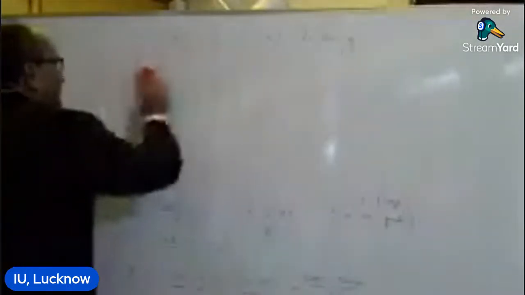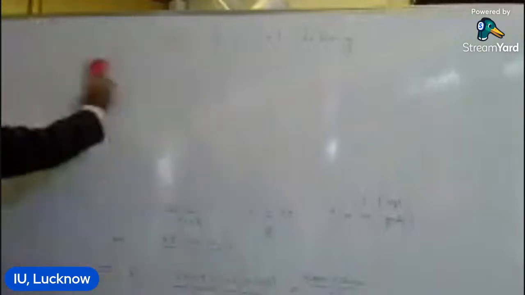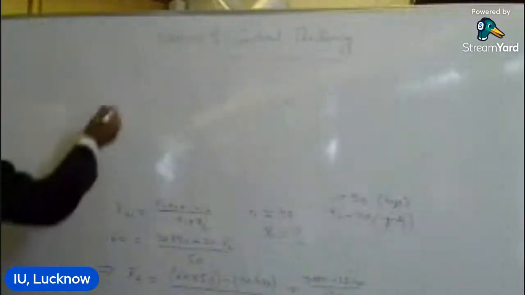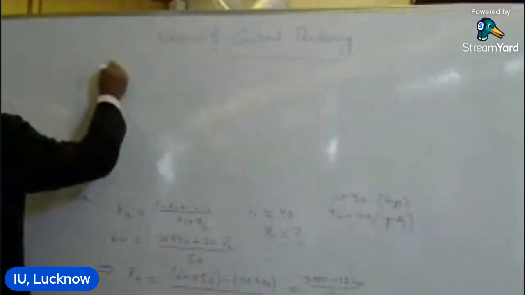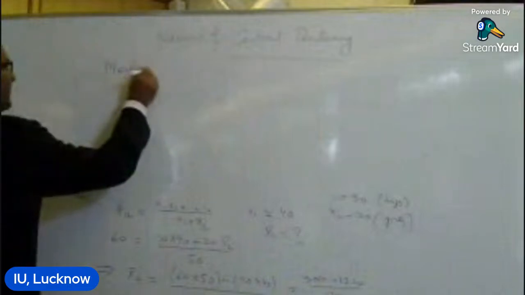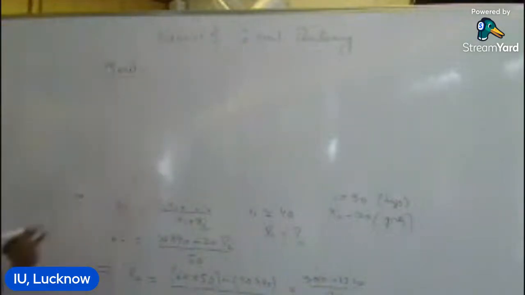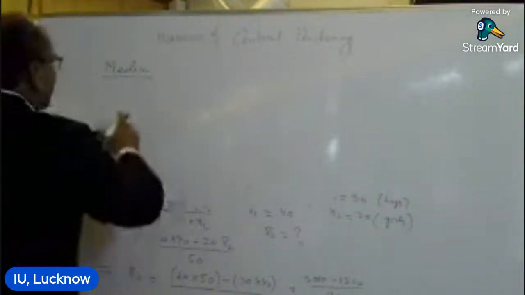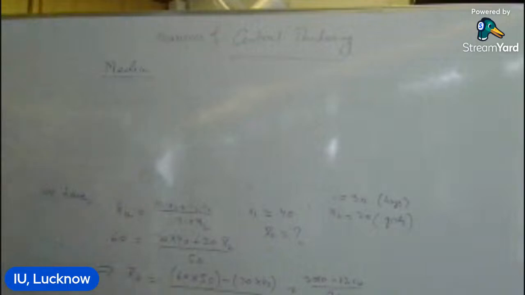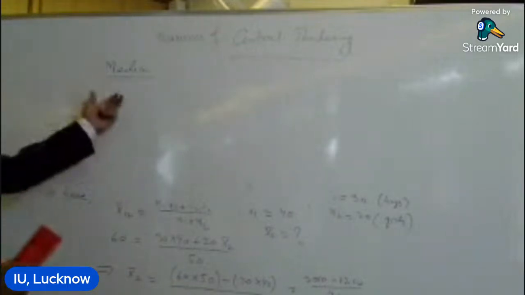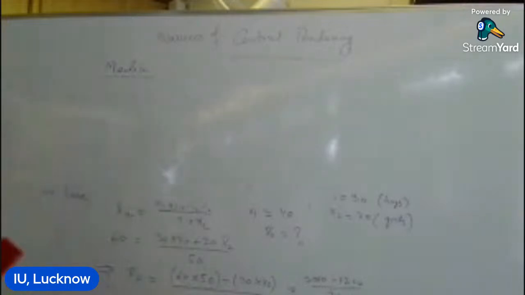Now the second measure of central tendency, we have median. Now the arithmetic mean is complete. Next is median, and median is also used to find the average, and this is applied when our data is measured on the ordinal scale, means qualitative data.